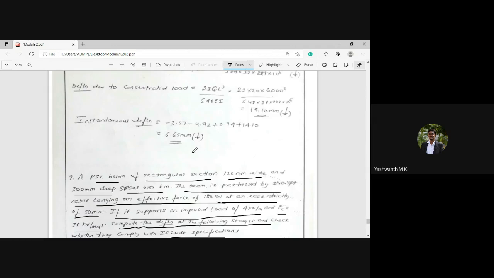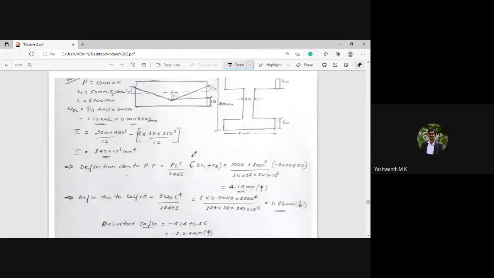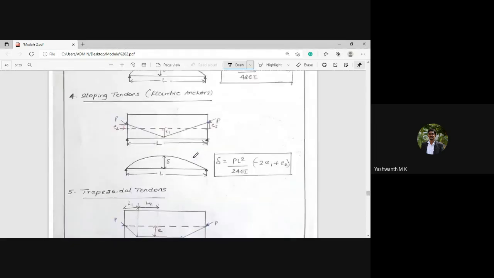So like this, we need to calculate the deflection for PSC members. As I have highlighted, this is the way we calculate deflection for uncracked PSC members. From the basics, you know that it is the area of the bending moment diagram divided by flexural rigidity, EI.